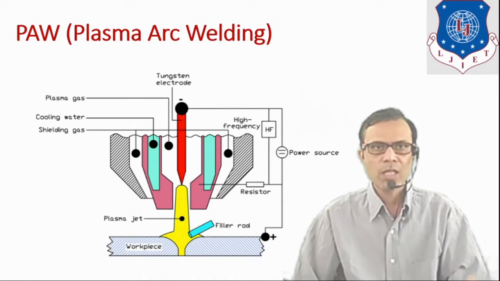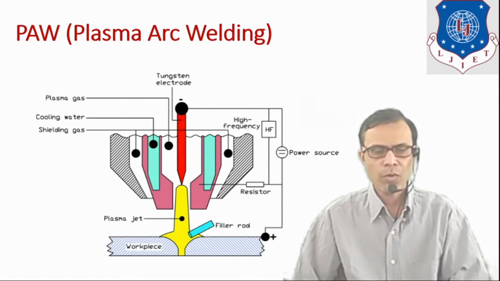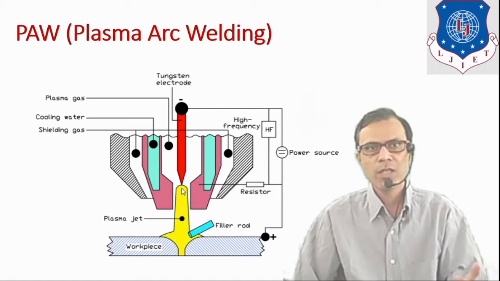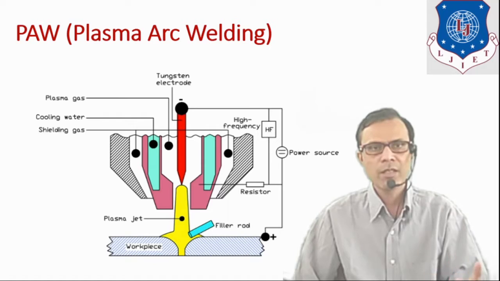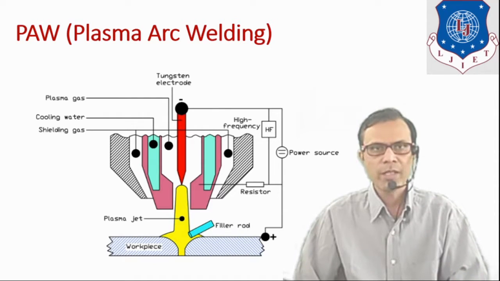Now in case of transfer arc process, the arc takes place in between electrode and workpiece. So when both of these electrode and workpiece are connected to the power source, the arc is produced and the gas which is passing through this passage, when it comes in contact with the high temperature arc, it will result in a plasma of the gas.